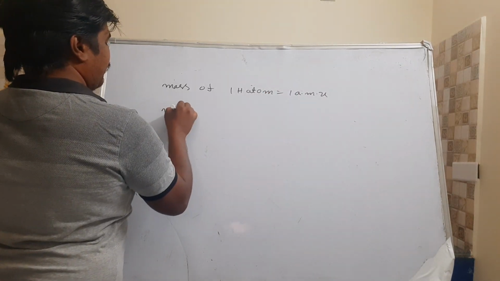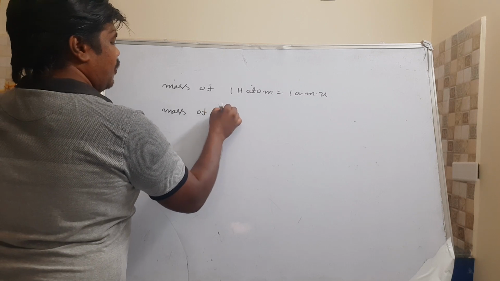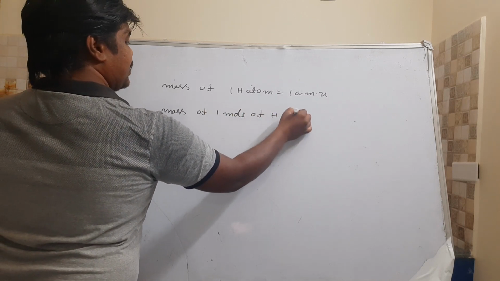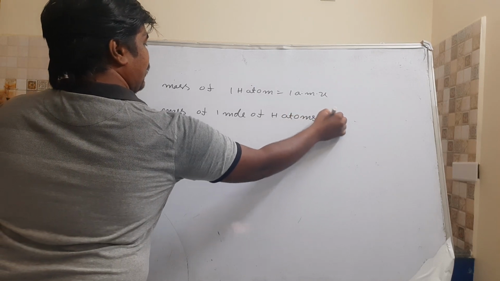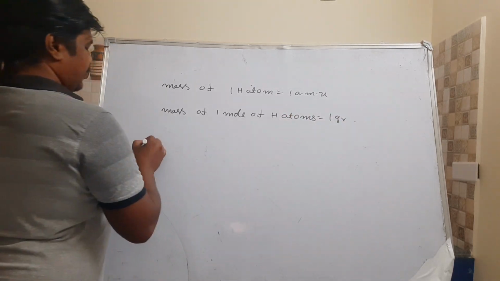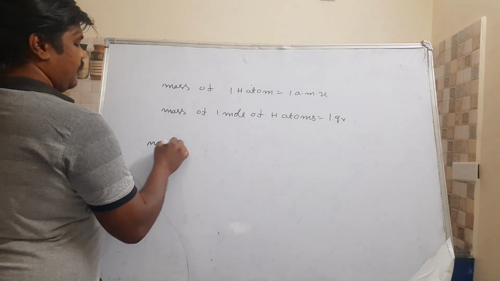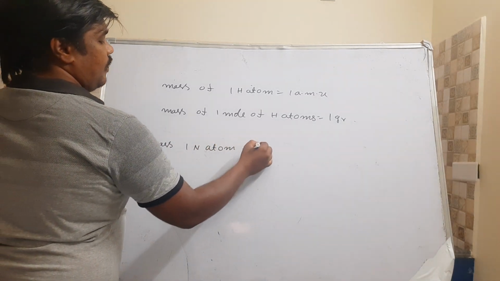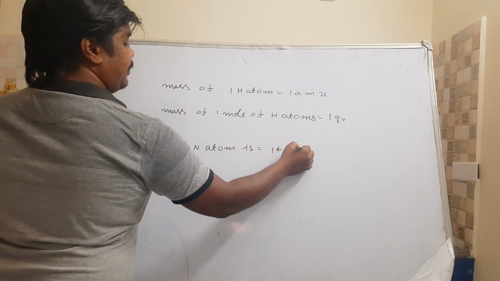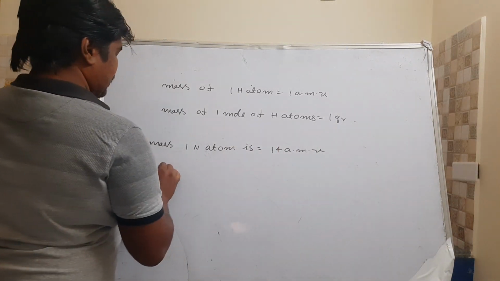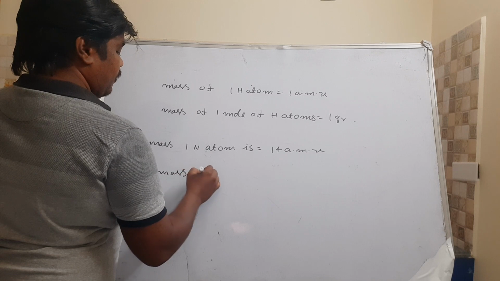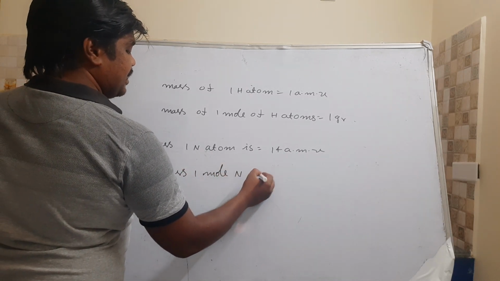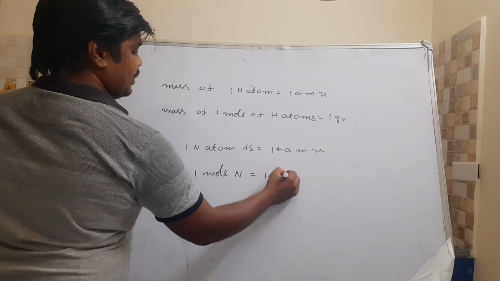The mass of 1 mole of hydrogen atoms is equal to 1 gram. The mass of one nitrogen atom is 14 AMU. The mass of 1 mole of nitrogen is 14 grams.